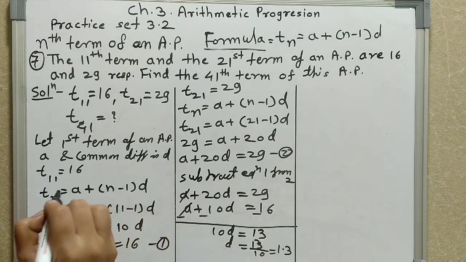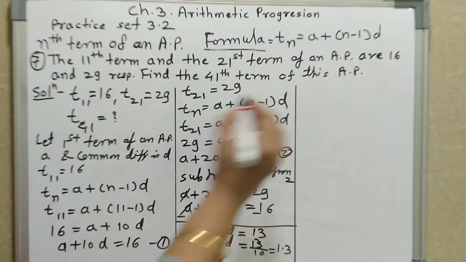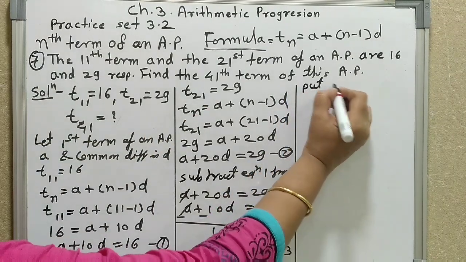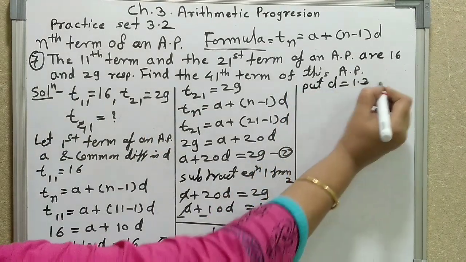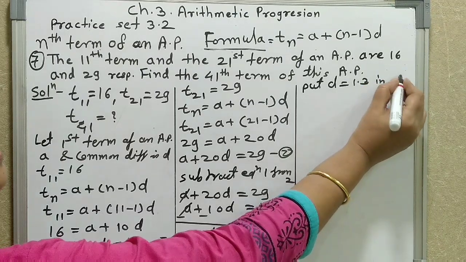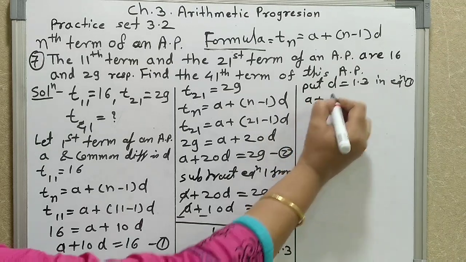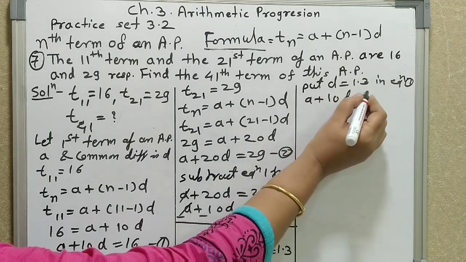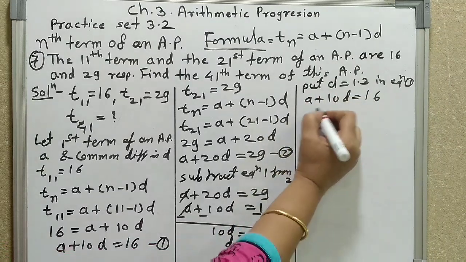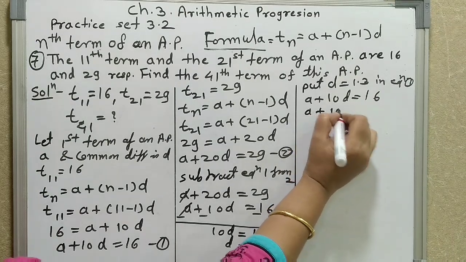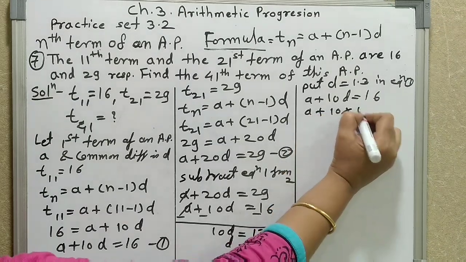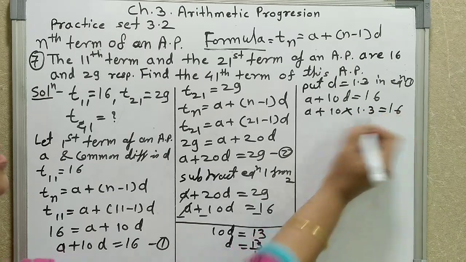Substitute this value of D in equation 1. So we write here, put D equal to 1.3 in the first equation. The first equation: A plus 10D is equal to 16. So A plus 10 into the value of D, 1.3, is equal to 16.